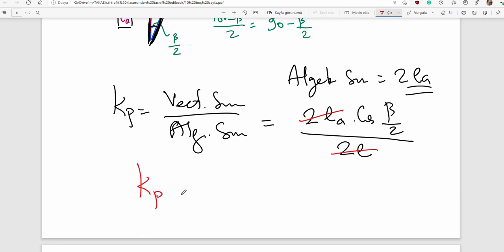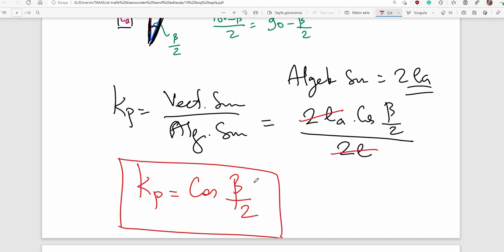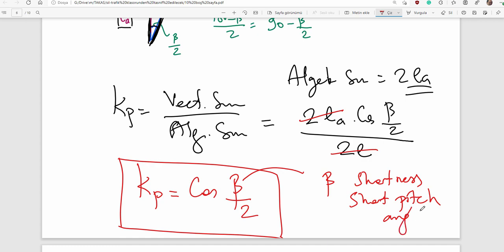Kp, which is the pitch factor, can be easily calculated as cosine beta half. That is the shortness or short pitch angle. Okay, that is the pitch factor.